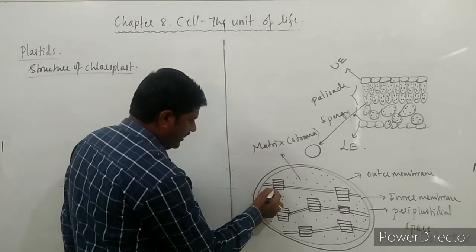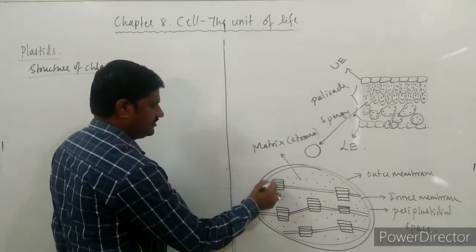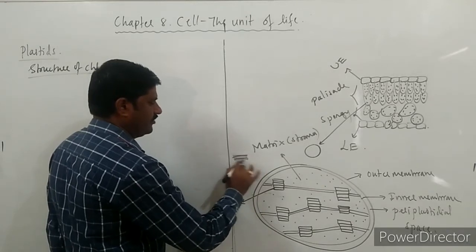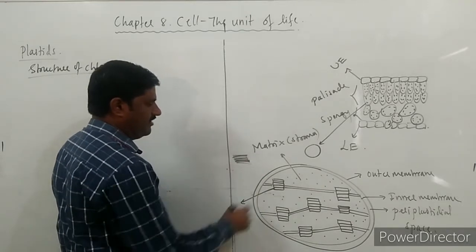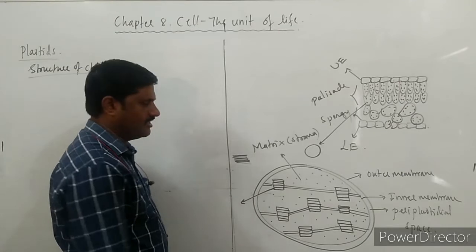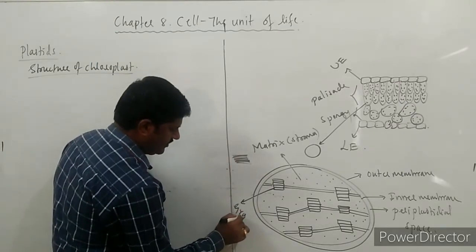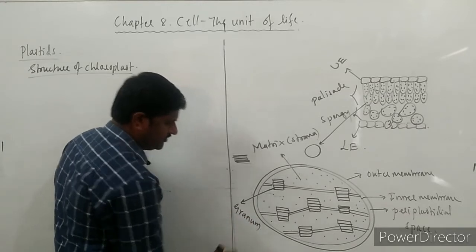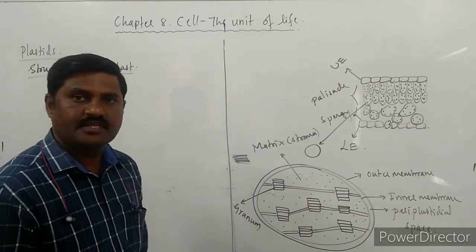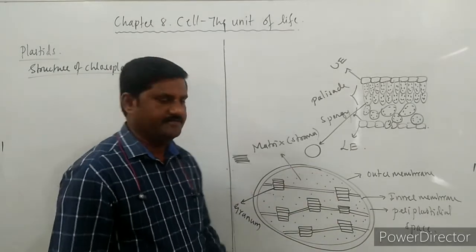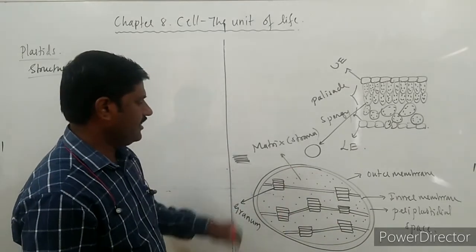And there is a pile of coin-like structures you are observing here, meaning when coins are kept one above the other. That kind of sac-like structures kept one above the other are called granum. Singular is granum, plural is grana. All these are the grana of this chloroplast.